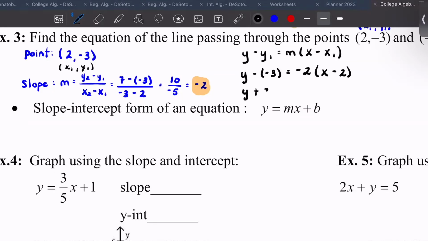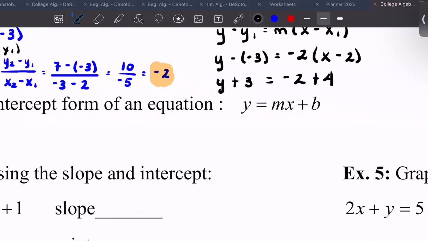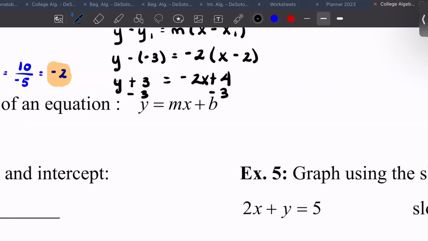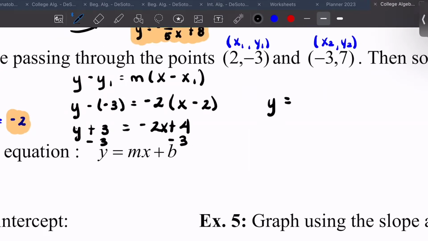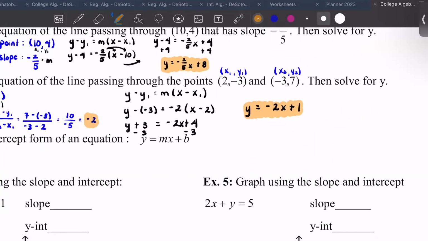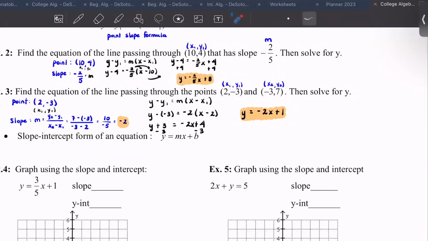So I have y plus 3 equals -2x plus 4. I'm going to subtract 3 from both sides because I'm solving for y. And I get y equals -2x plus 1. Okay. So again, what I'm saying is if I graphed this line, then that line would pass through the points (2, -3) and (3, 7), and it would have a slope of -2.